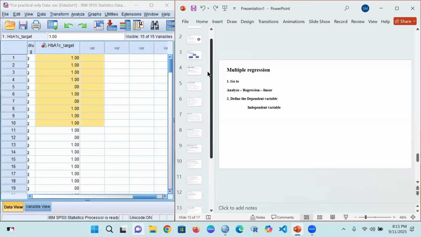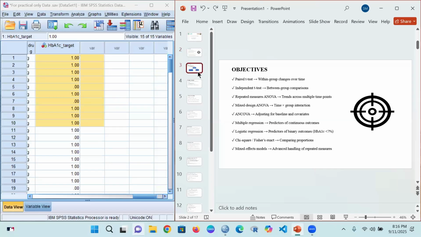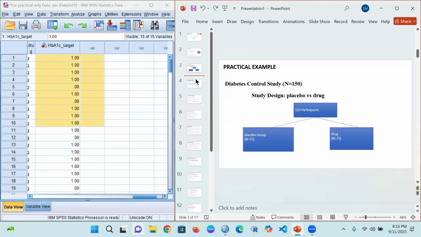especially when running inferential statistics. So for our study on diabetes, the practice example on diabetes control with the placebo and the drug, what conclusion can we make?